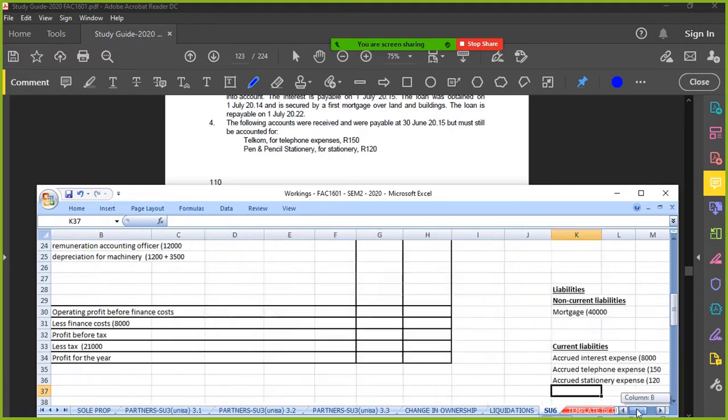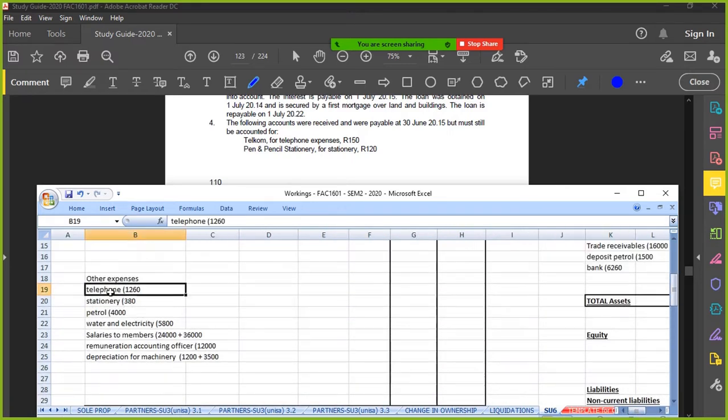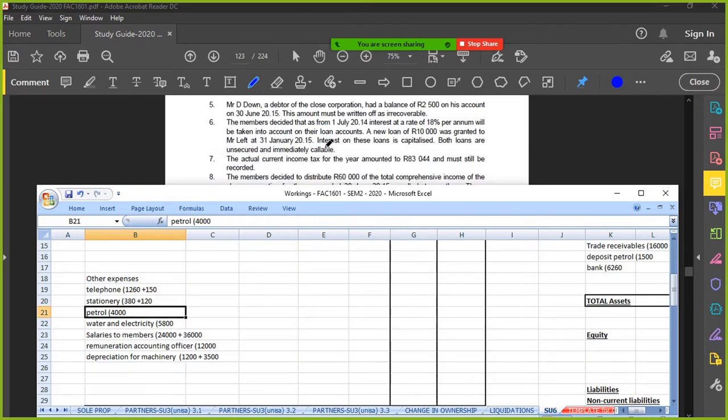All right, and what did you do with the expenses? It's under telephone here. Do you add or subtract? What would you do? Add. Good. Debit means plus for an expense. Expenses increase on the debit side. All right, number 5. Looking at it, you can do this one. So I debited credit loss.